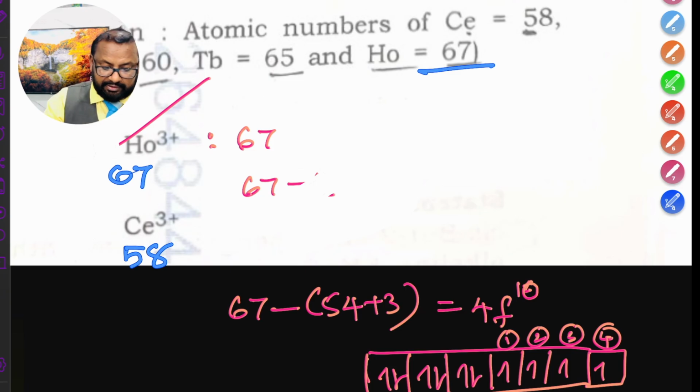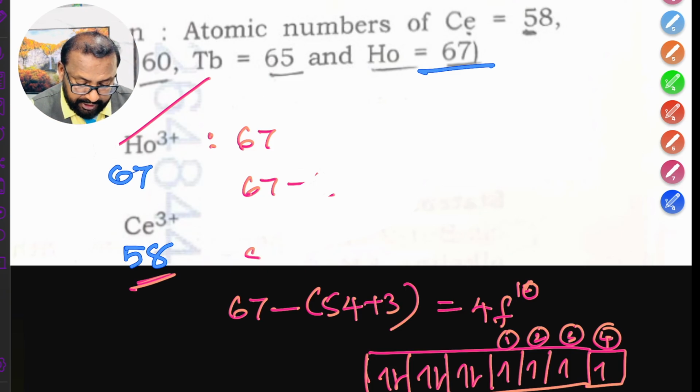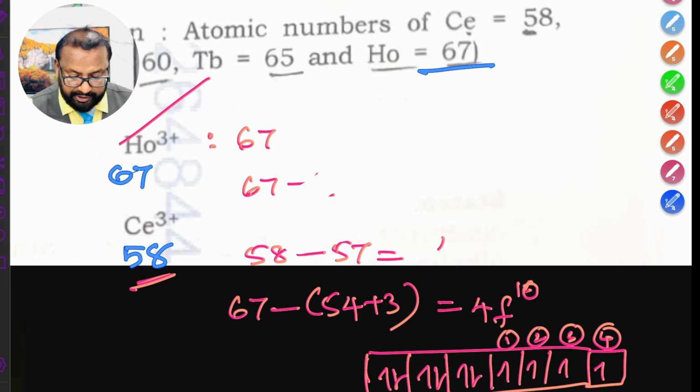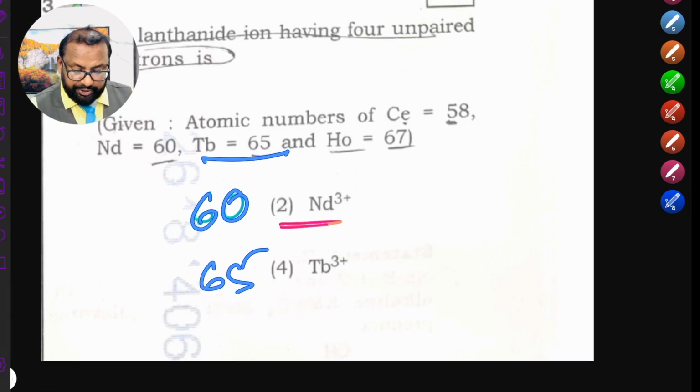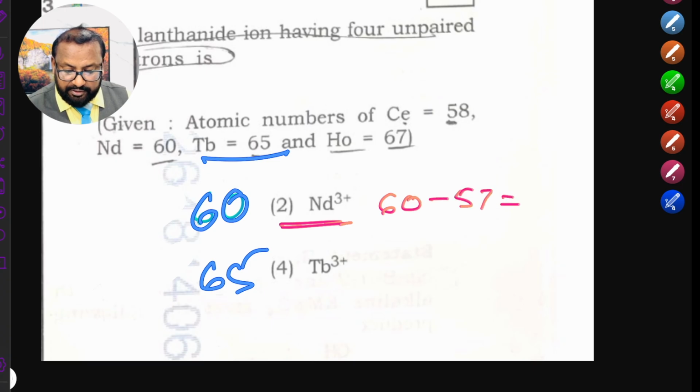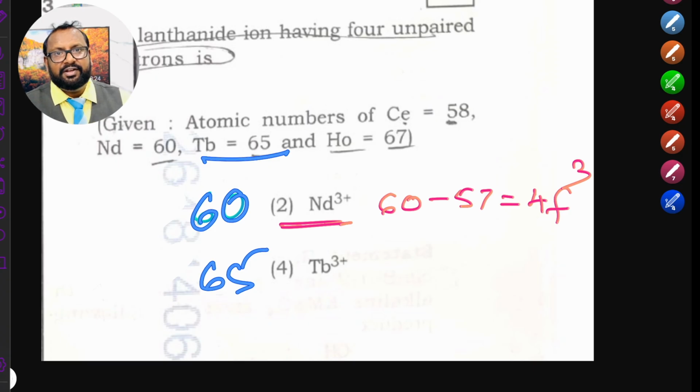But how you solve it is important. Let us do it for 58. It would be 58 minus 57, which gives me the f1 configuration. That will not have 4 unpaired electrons either. In the same way we will go for neodymium, 60. 60 minus 57 gives me the f3 configuration. So f3 will not have 4 unpaired electrons at all, only 3.